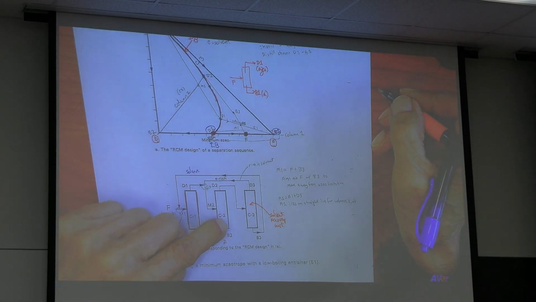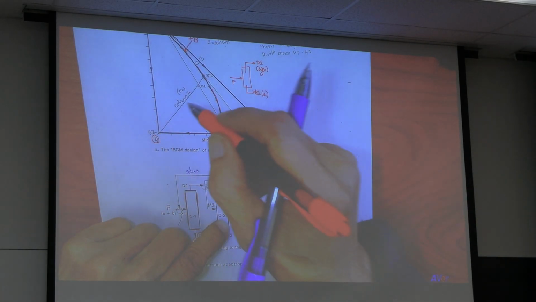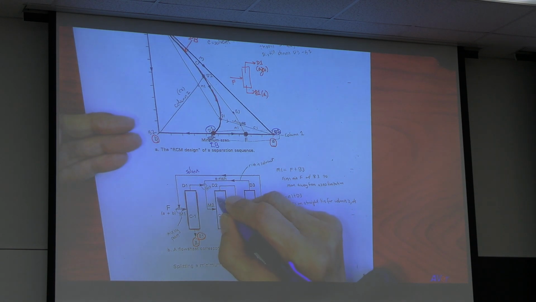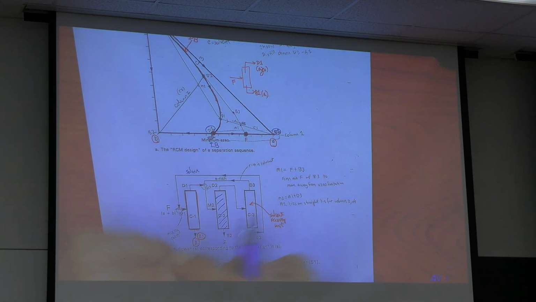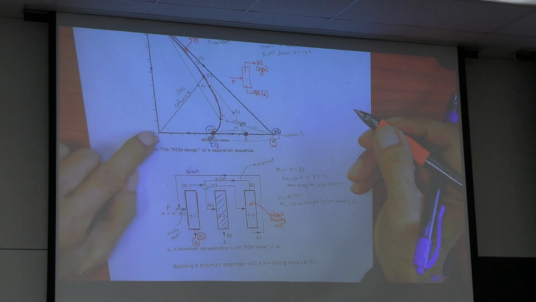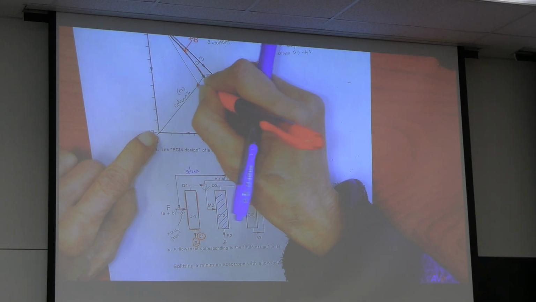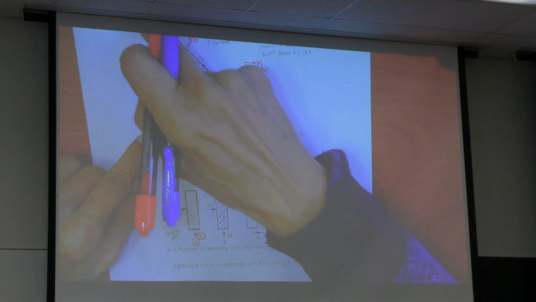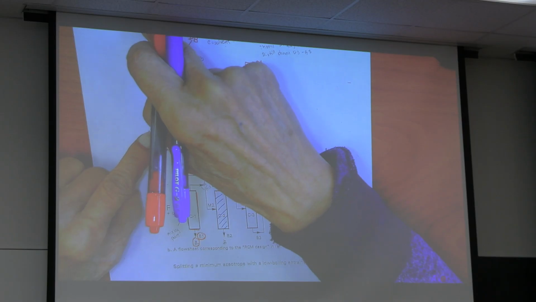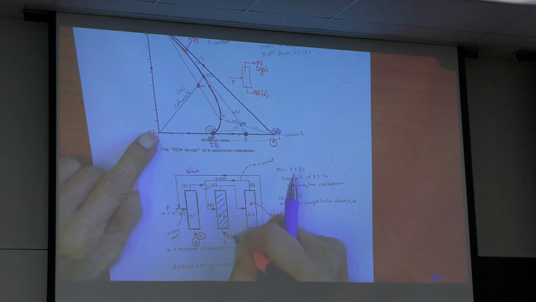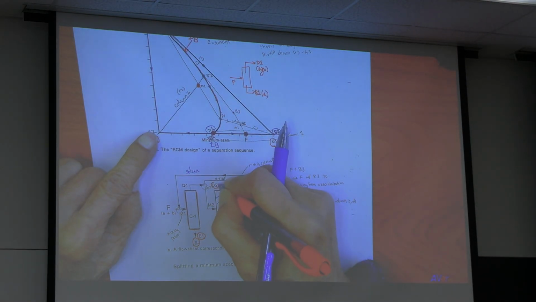Now, to get B, I will need another column. I will need a new feed in this region to give me B2, D2.